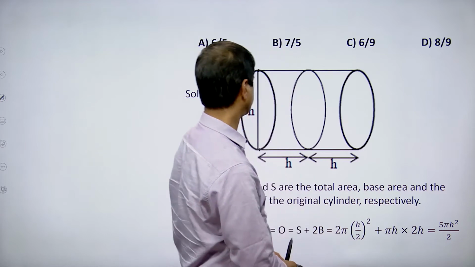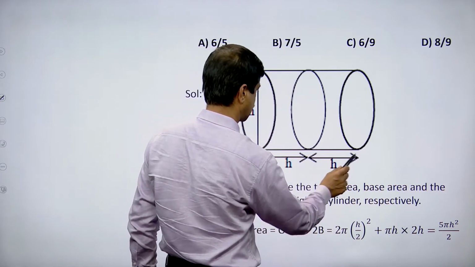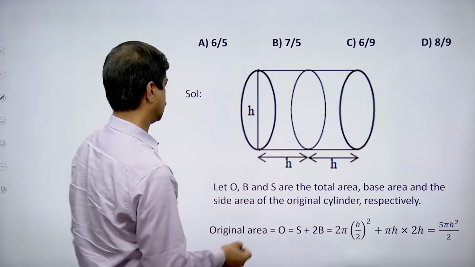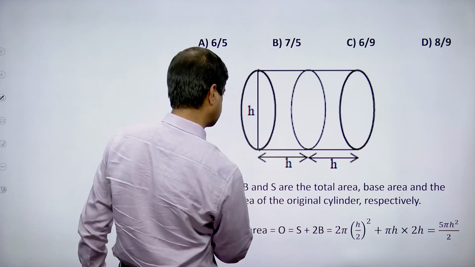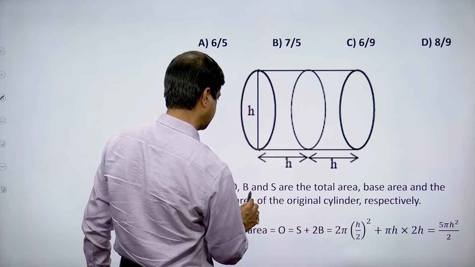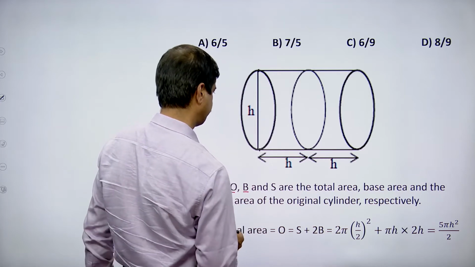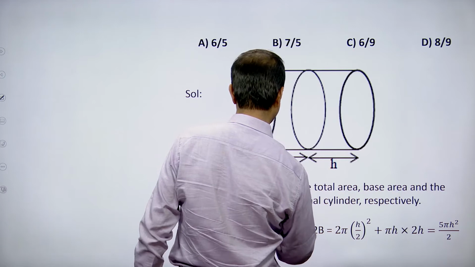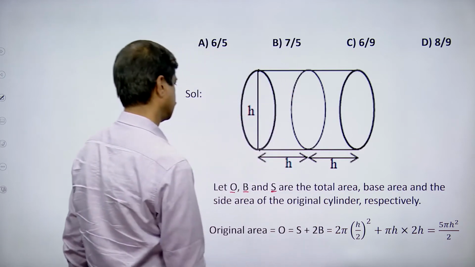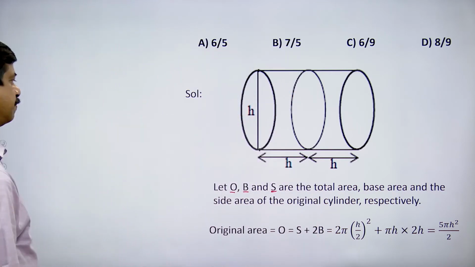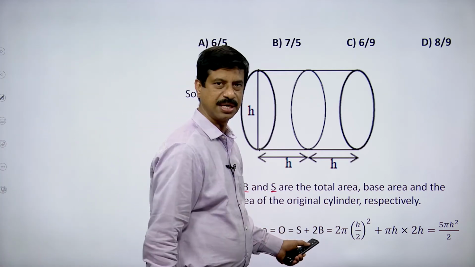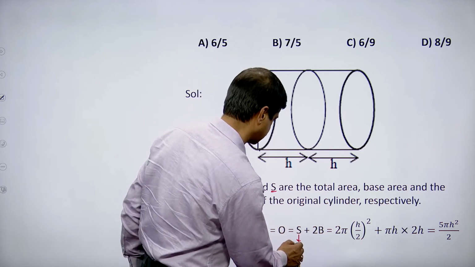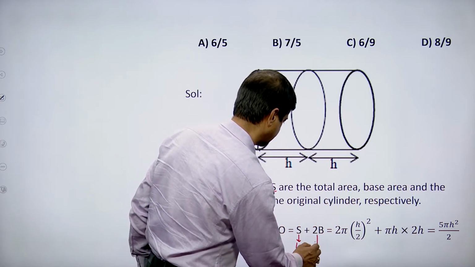The height of this is 2h. O is total surface area, B is base area, that is pi r square, S is side area, that is 2 pi r h. So O, total surface area, is lateral surface area plus 2 times area of base.